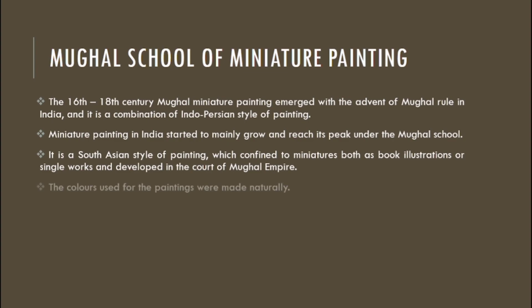The color palettes used for the paintings are very light in shade, though you may have seen some references where dark colors are used. Use of gold and silver was also done in the paintings. But one of the interesting facts is that the Mughal miniatures were not meant to be framed. They were mostly used as book illustrations or were painted on palm leaves or sometimes cloth and so on.